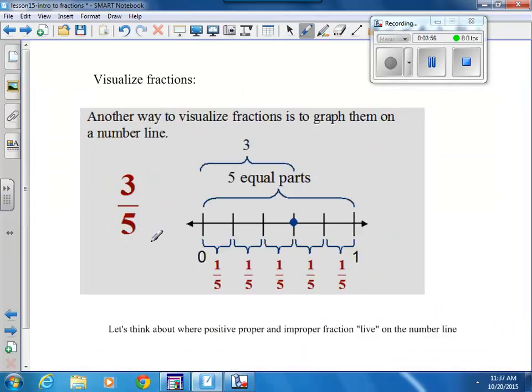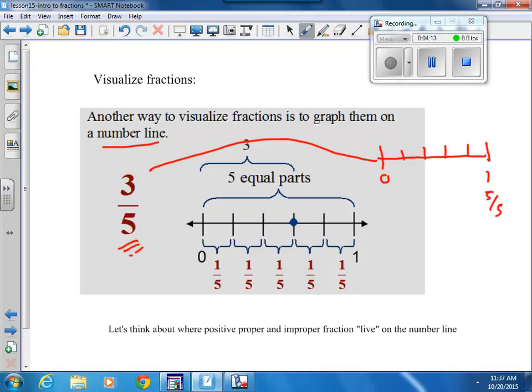Another way to visualize fractions is to graph them on a number line. Okay, so I'm going to make my own number line here. If I had to graph this by hand, I'd put 0 here and 1 here, and then I'd chop the number line into fifths. 1/5, 2/5, 3/5, 4/5, and 1 means the same thing as 5/5, right? So think about that. 3/5 is right here.